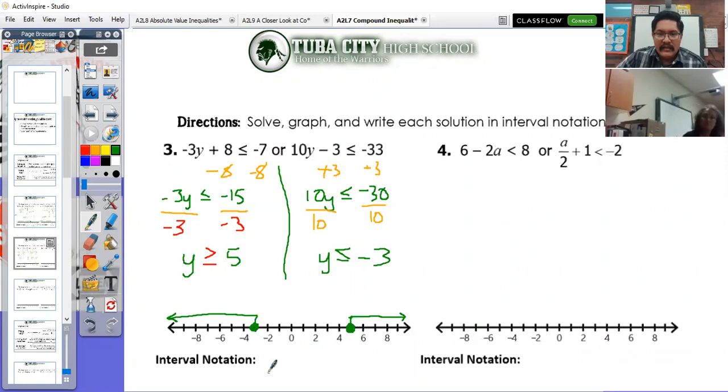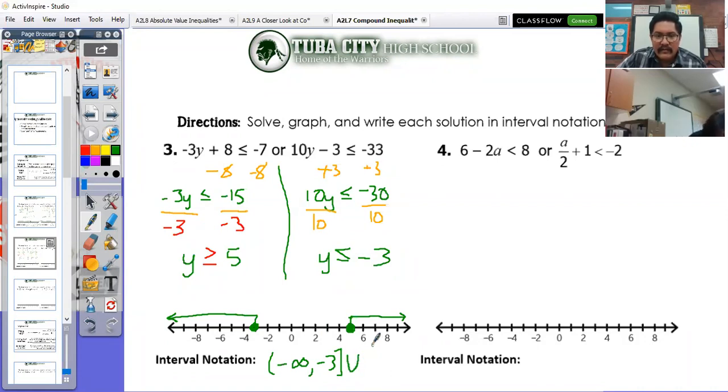All right, now to put it in interval notation. So let's see if we can do this. So -infinity, because we're starting from the left, and it stops at -3. But it is included, so I'm going to put the bracket on there.